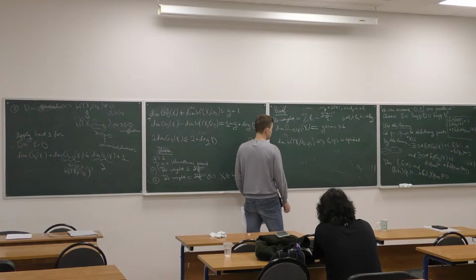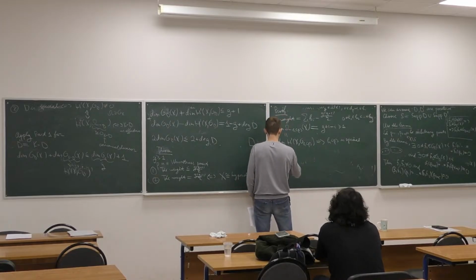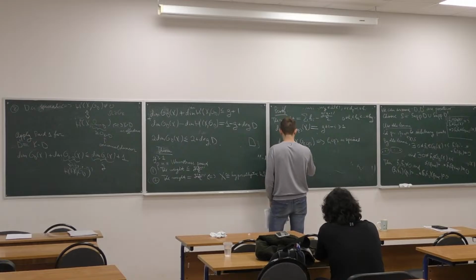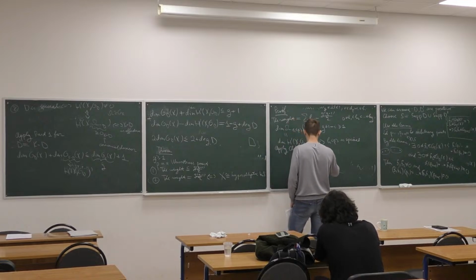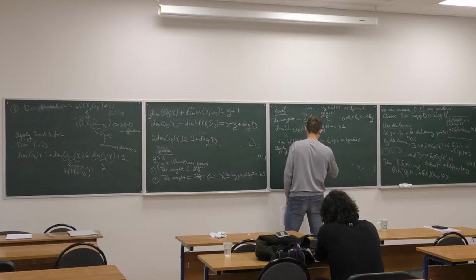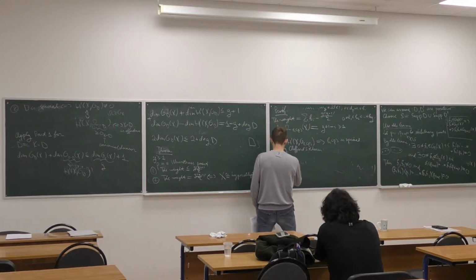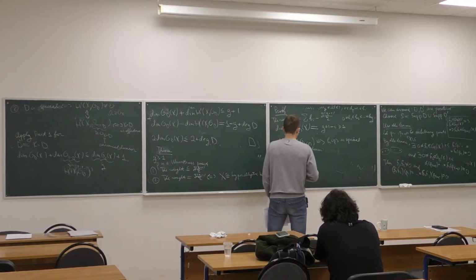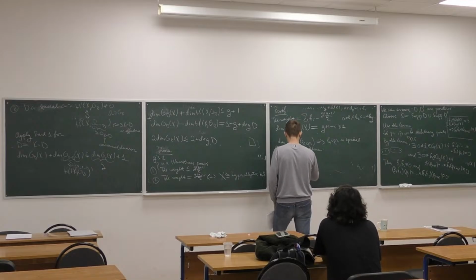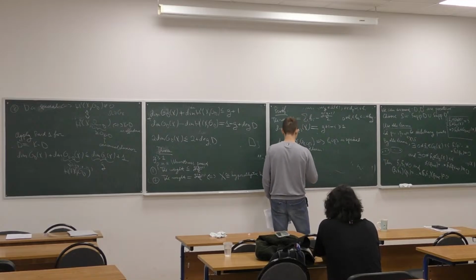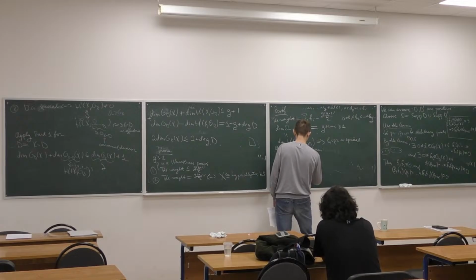So apply Clifford's theorem. You get that the dimension of O(b_i P) is less or equal than b_i over 2 plus 1.